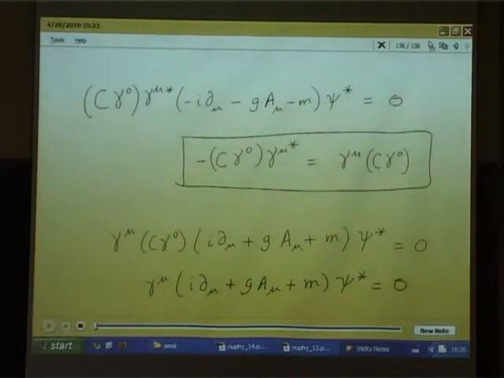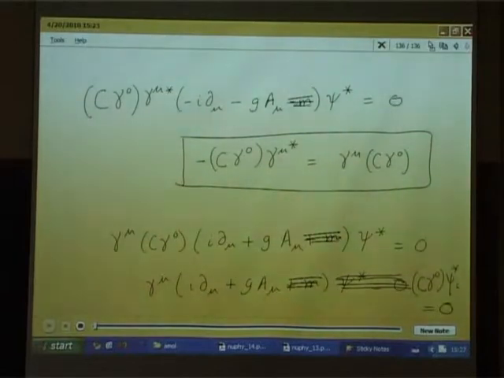Anyway, what I managed to do is write down an equation. Now I call this my psi conjugate. So forget about this sign.